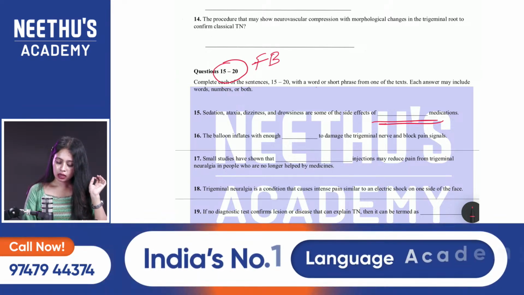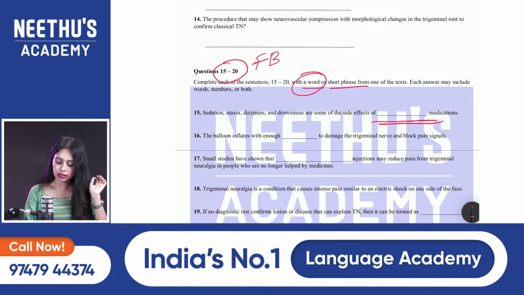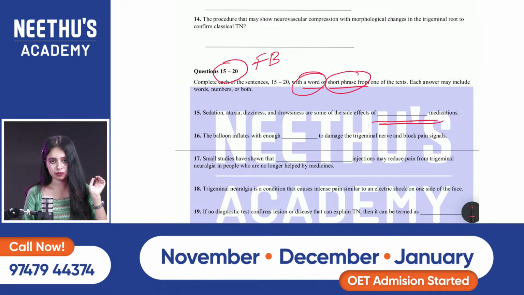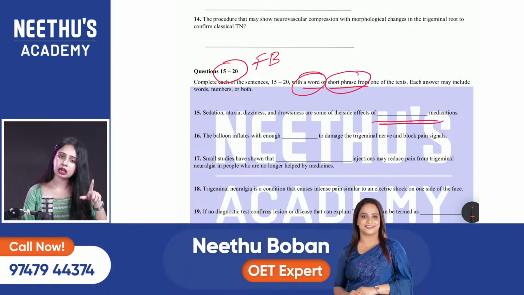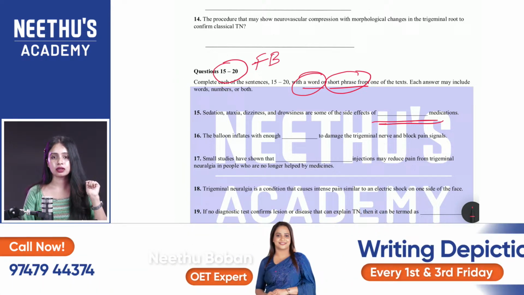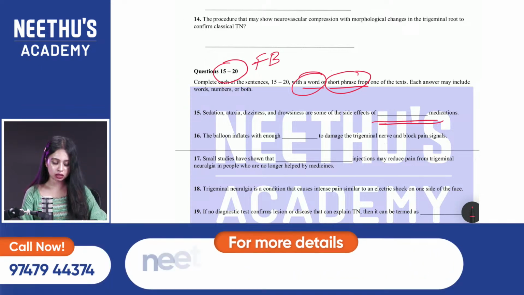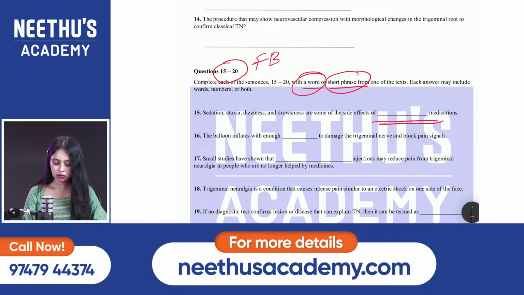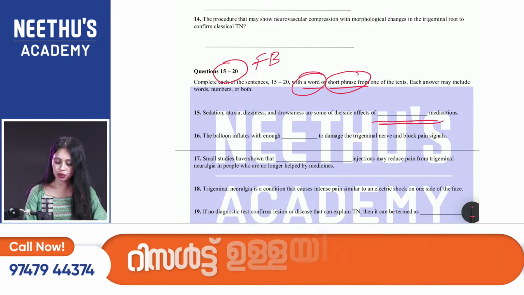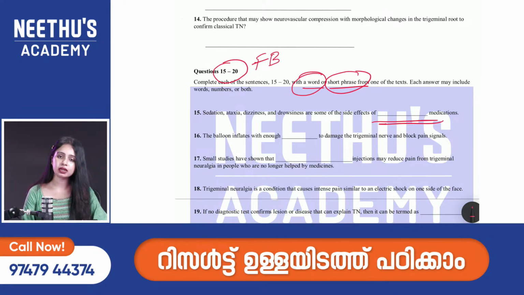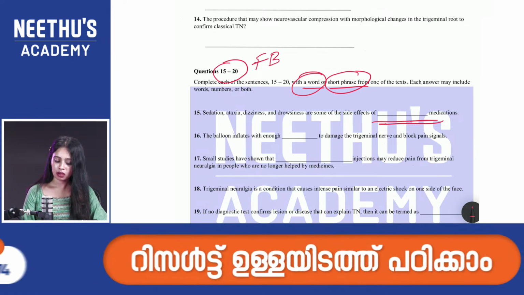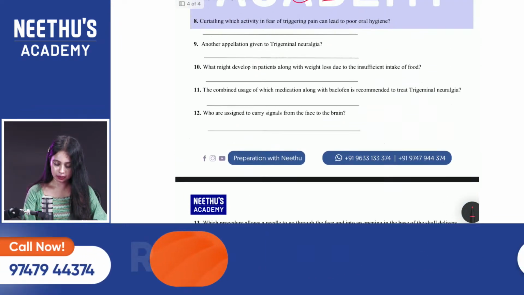Again the same instruction is mentioned: you can write in a word or a short phrase. And here in fill in the blanks, always be careful about grammatical mistakes. So please do read the question carefully, and don't make grammatical mistakes here. That's all about part A.